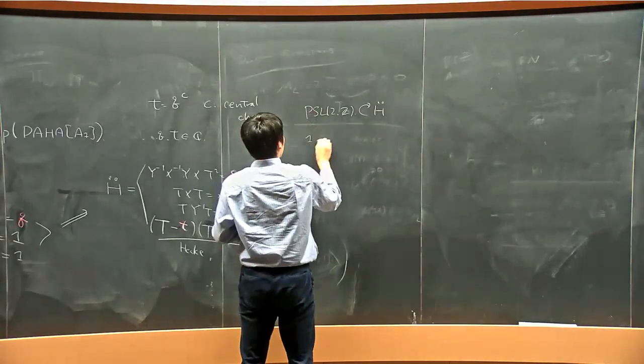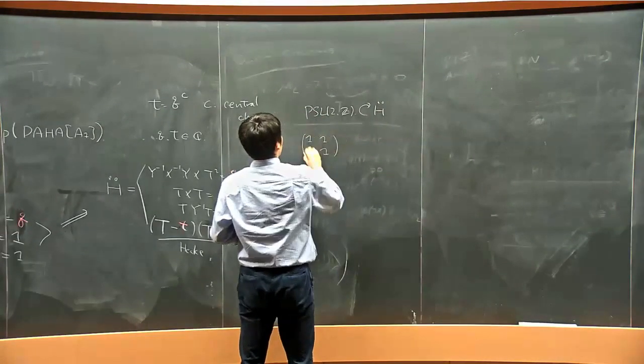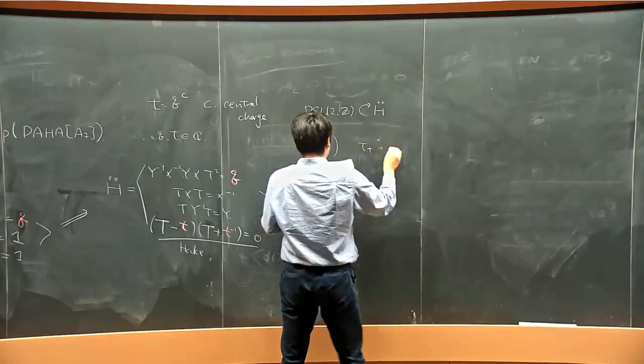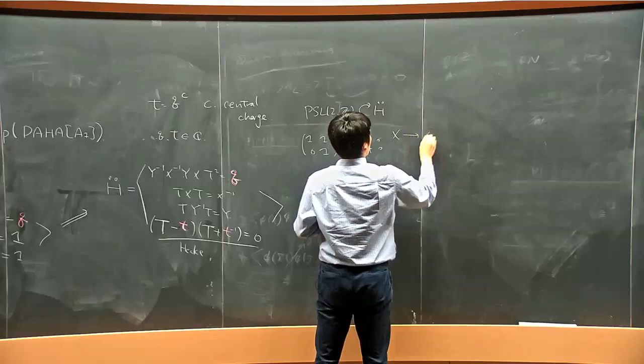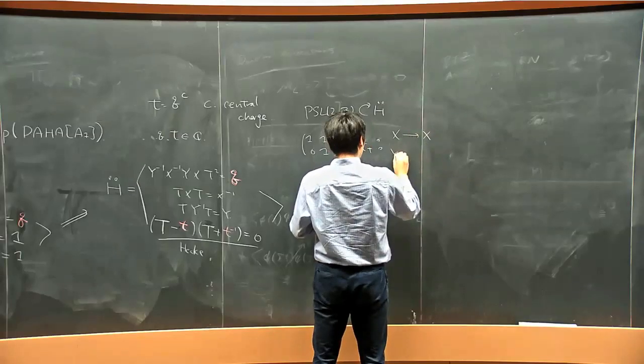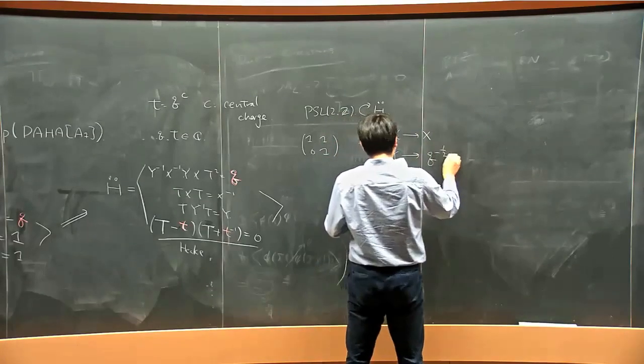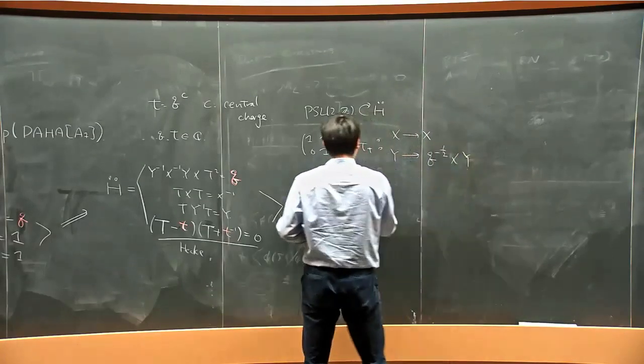The generator is the matrix 1101, which I call tau plus. Under tau plus, x remains the same, and y is mapped to q to the minus 1 half xy.